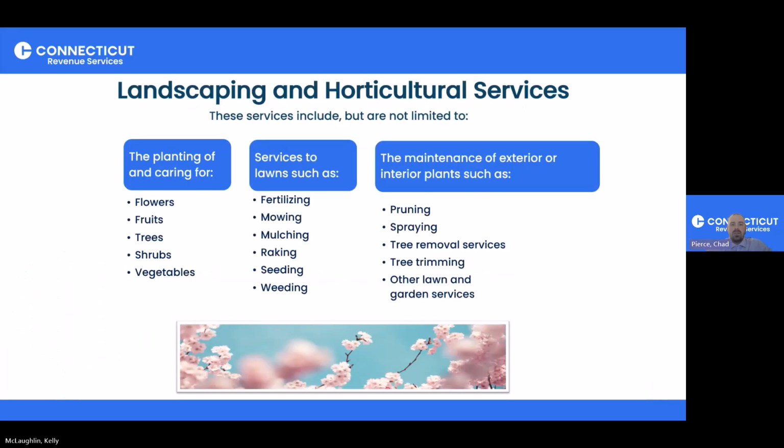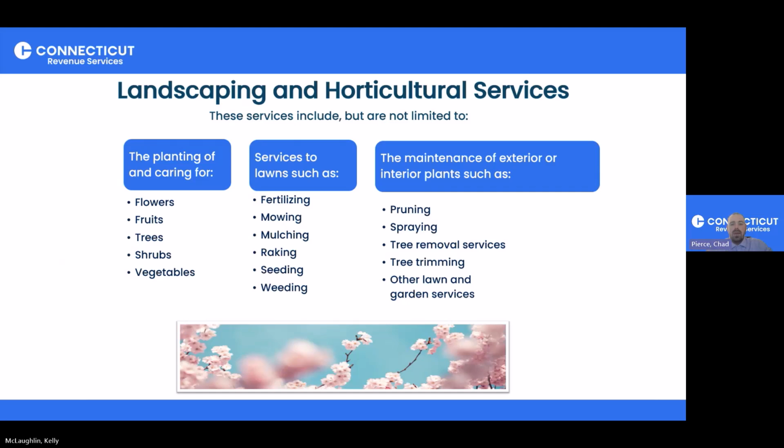Landscaping and horticultural services. These services include, but are not limited to, just a few examples that we do have: the planting of and caring for flowers, fruits, trees, shrubs, and vegetables. Also services to lawns such as fertilizing, mowing, mulching, raking, seeding, and weeding.